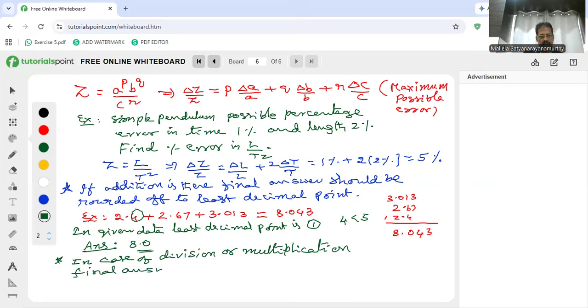If these 5 models come in the examination, practice them in these 15 days. These type of model problems, definitely you will get 12 to 16 marks. So I can take one example.